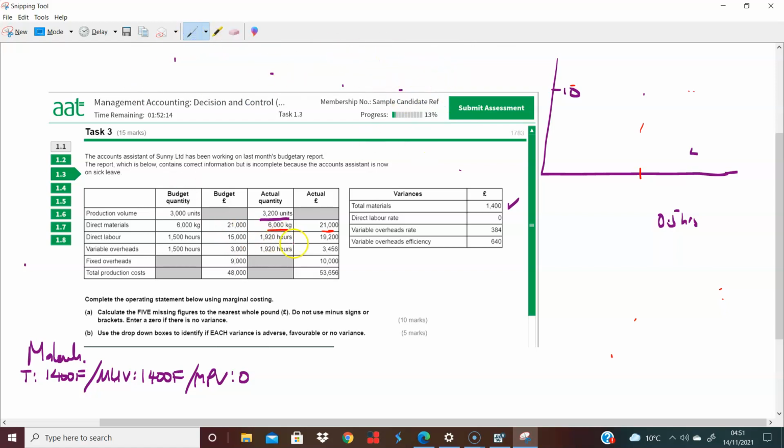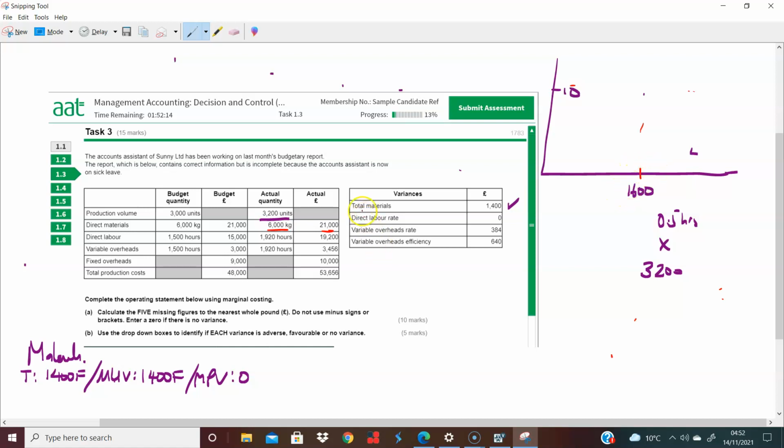We have a scenario where you are making 3,200 units. If you are making 3,200 units, I expect you to use 0.5 times 3,200. I expect you to use 1,600 hours.